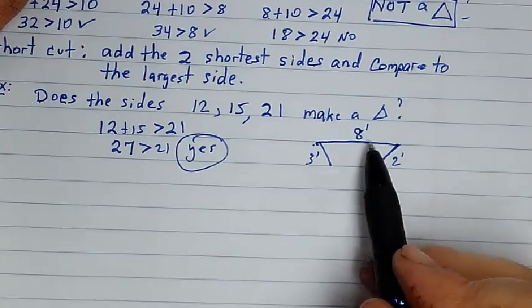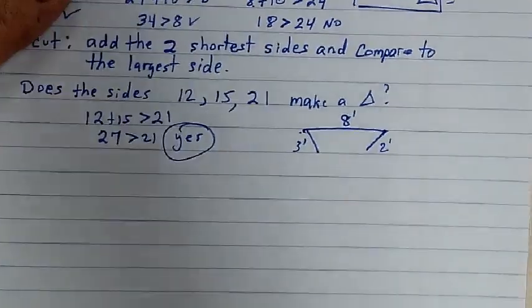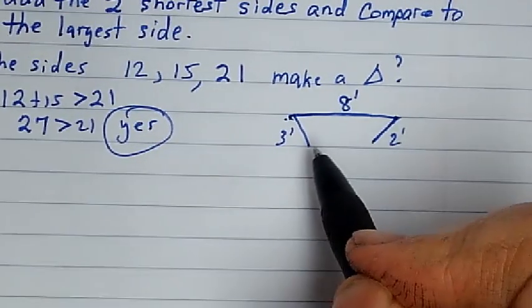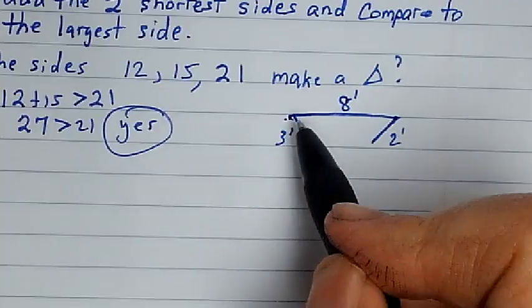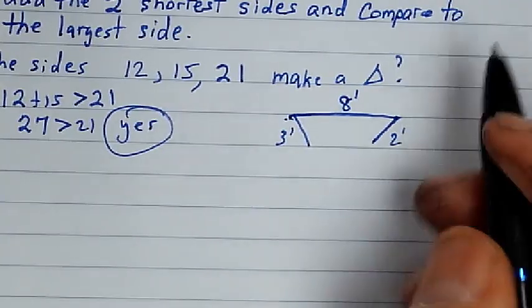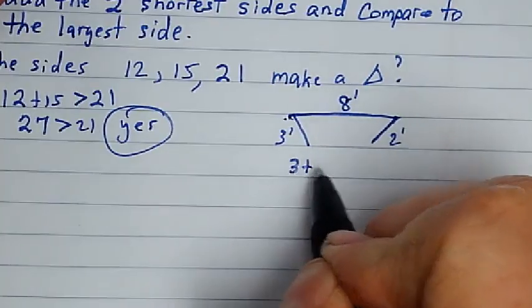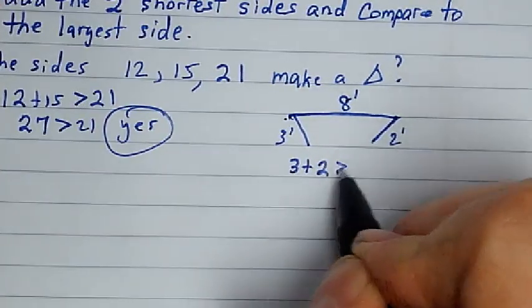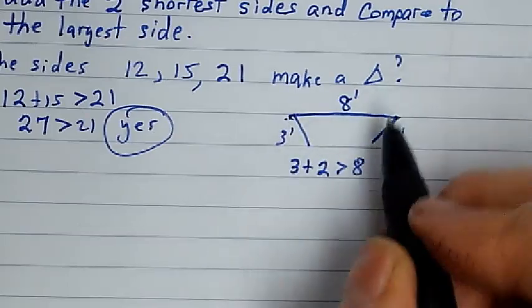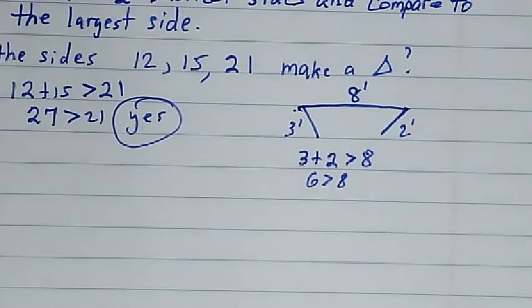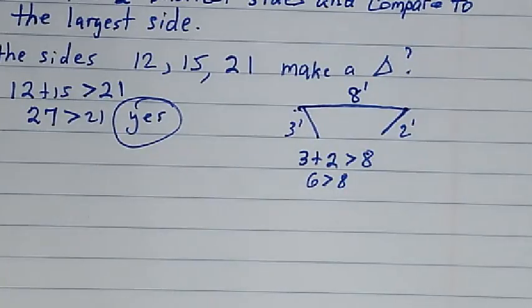Maybe T-Rex was cheating on his girlfriend and his girlfriend chomped off part of the arm. But are these arms long enough to ever make a triangle? No. They'll never reach. Because the sum of the two short sides is not greater than the third side. So 6 is not greater than 8. Not going to make a triangle. Any questions with that? Okay.